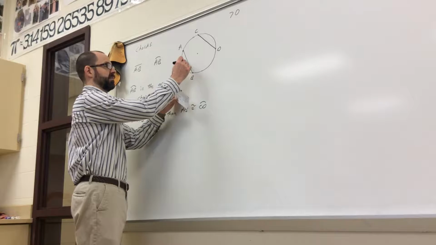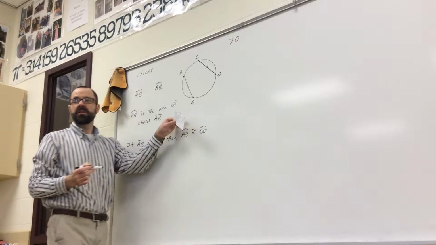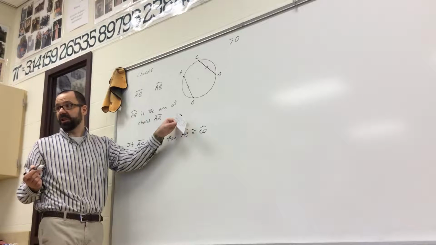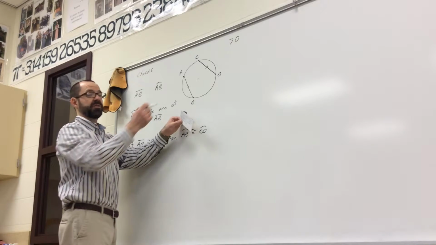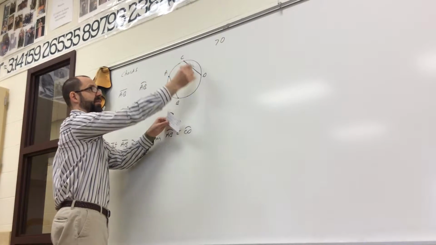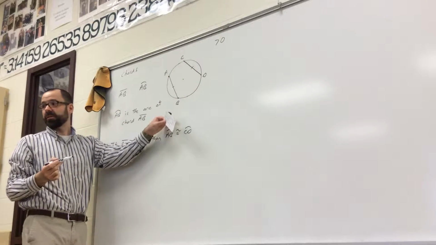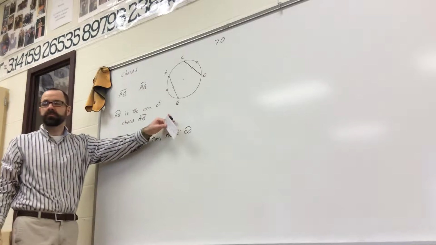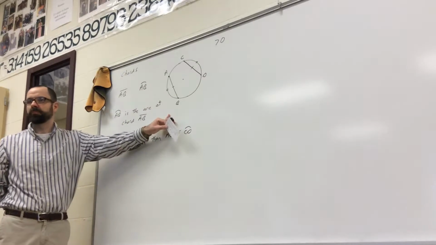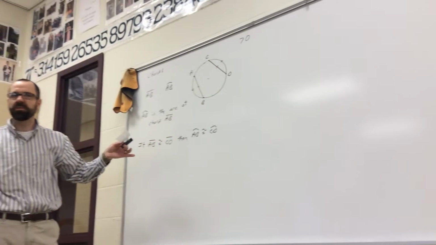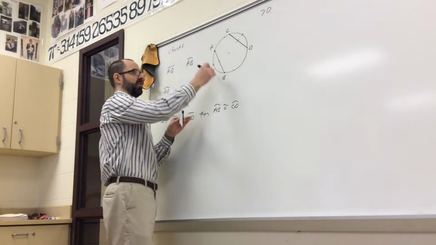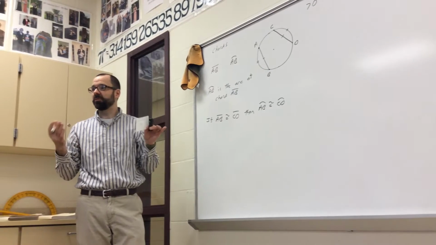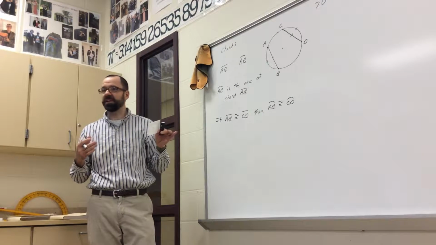So I'm saying that if this equals this, if those two straight line paths are equal to each other, then it's also true that the curved paths are going to be equal to each other. Which makes sense. If the straight line paths are equal, it makes sense that the curved paths would also be equal. They'd be slightly longer than the straight line paths, but they would be equal to each other if the two straight line paths were equal.